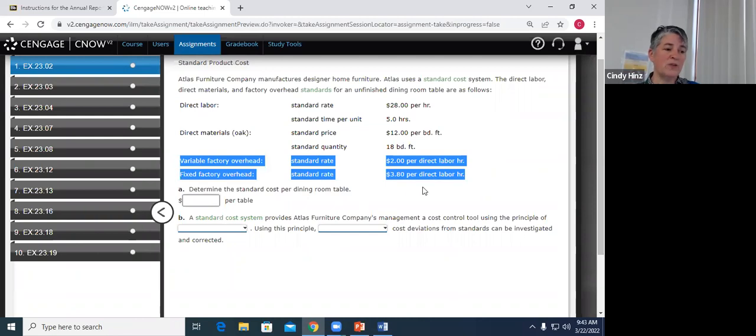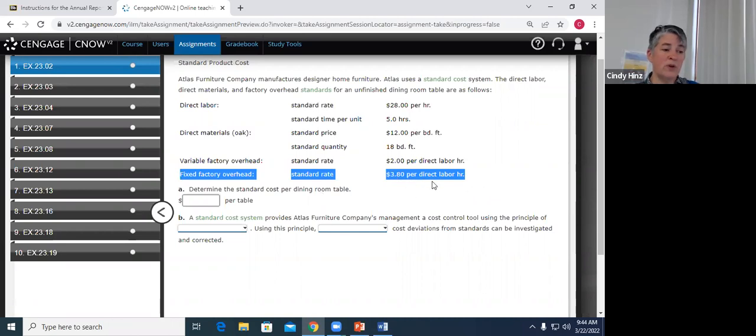But the fixed factory overhead is going to be different. This is the only fixed cost we're talking about here. When we have this standard rate of $3.80 per hour, that's going to be based on our expected capacity.